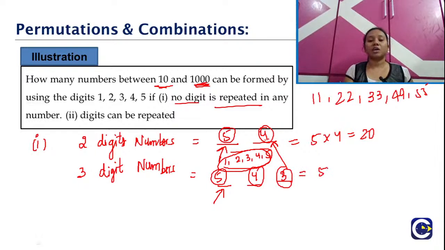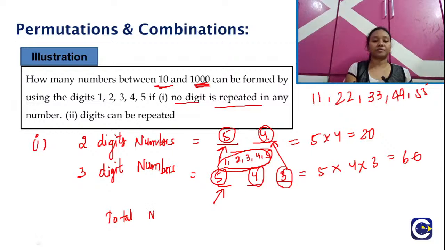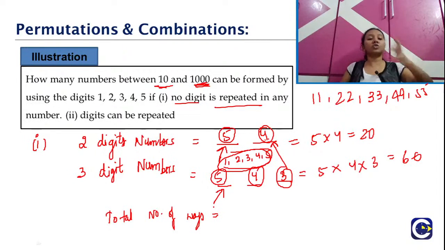So it will be the multiplication principle because the hundreds place, tens place and ones place digits have to occur simultaneously. So it will be 5 into 4 into 3, which is 60. Right. So the total possible ways for case 1: it can be 2-digit or 3-digit. Both 2-digit and 3-digit will not occur simultaneously, so one of the events will occur.